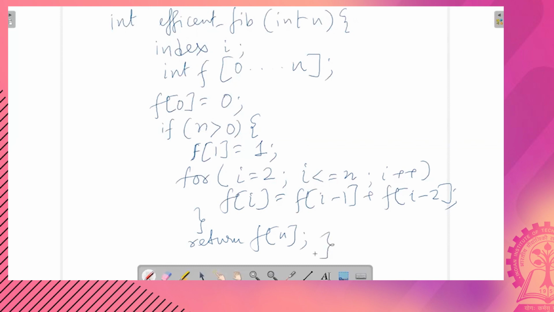So you see, using this algorithm, we have very trickily reduced the number of computations to only how many?